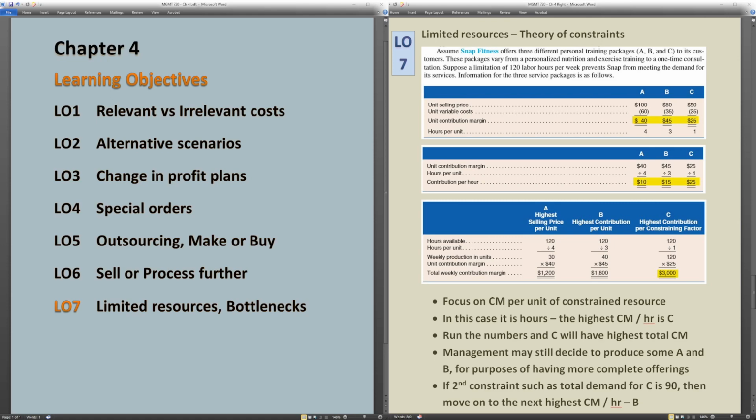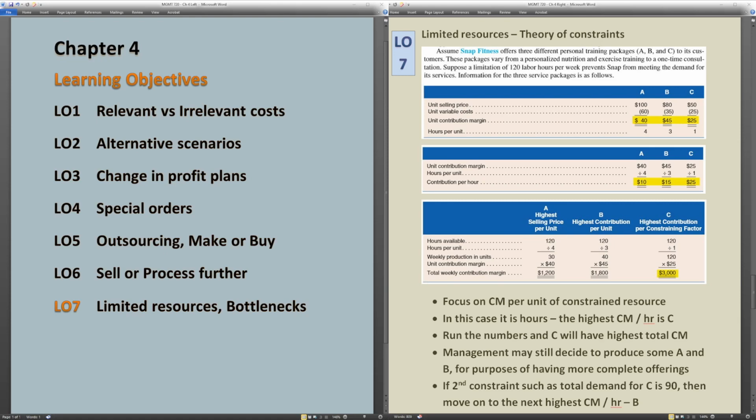It takes 1 hour to do product C, 3 hours to do product B, and 4 hours to do product A. If we had unlimited hours in a week, then obviously we would do the one that made us the most money each time, that would be the 45. But if we only have 120 hours, that's going to be our constraint.